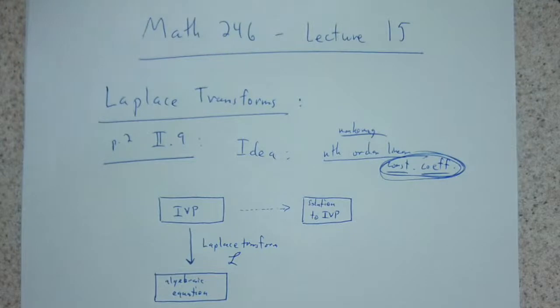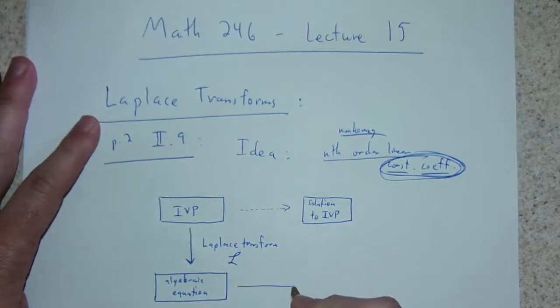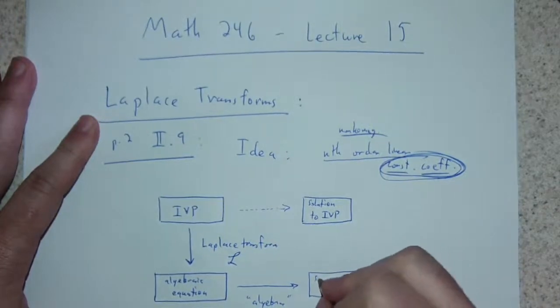The algebra tricks you would use to solve an algebraic equation don't really work for a differential equation, because the quantities involved depend on the derivative, and that's not something algebra can handle. But here we have an algebraic equation, so algebra can handle that just fine. So I do algebra to get a solution to the algebraic equation.